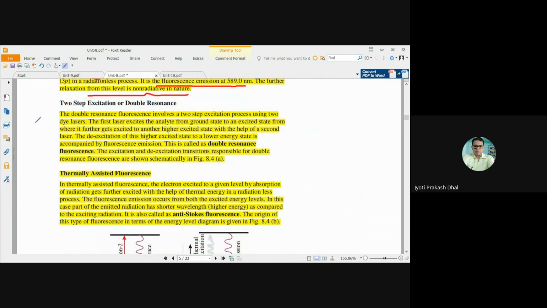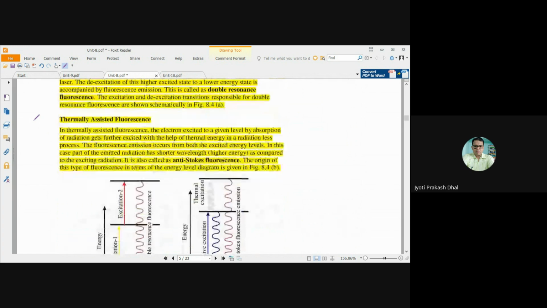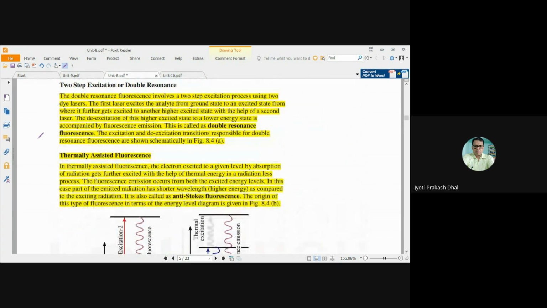Now coming to two-step excitation or double resonance. In this type, the double resonance fluorescence involves a two-step excitation process using two dye lasers. That means the isolated gaseous atom undergoes excitation by absorbing electromagnetic radiation of two different wavelengths.